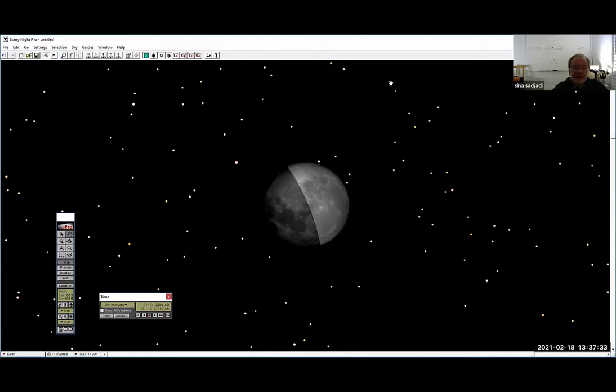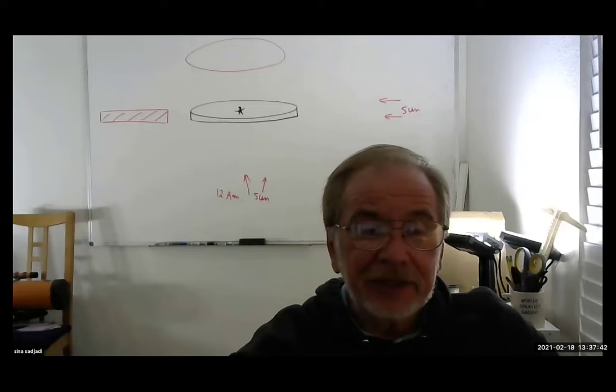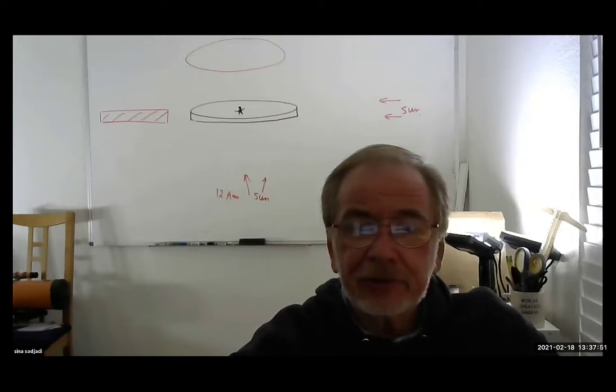Now, the last thing I'm going to go through is the phases of the moon. I found something on KPBS. Somebody made a really nice app for the moon, so I'm going to use that to show you guys. Let's see, it's here someplace.